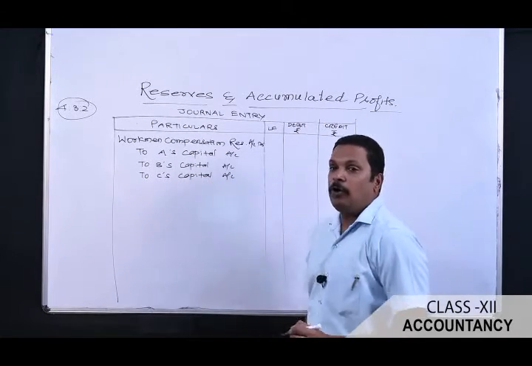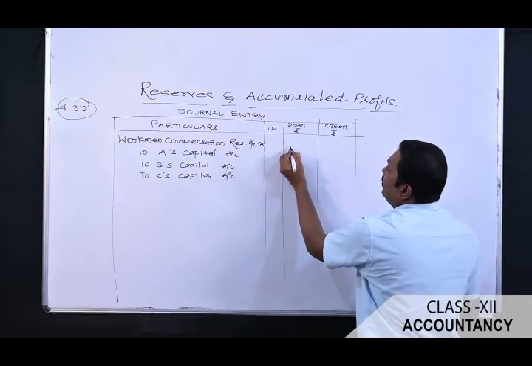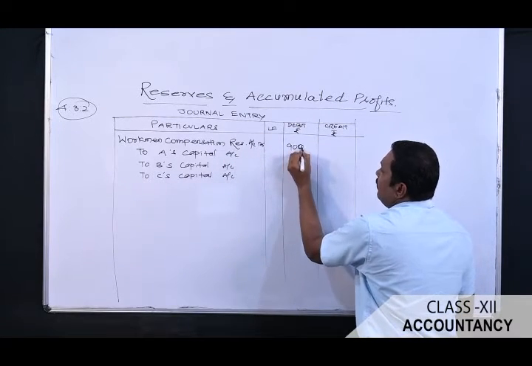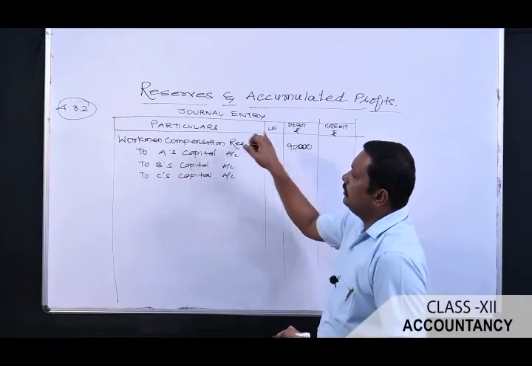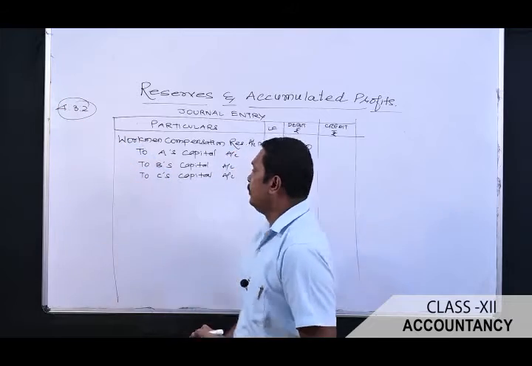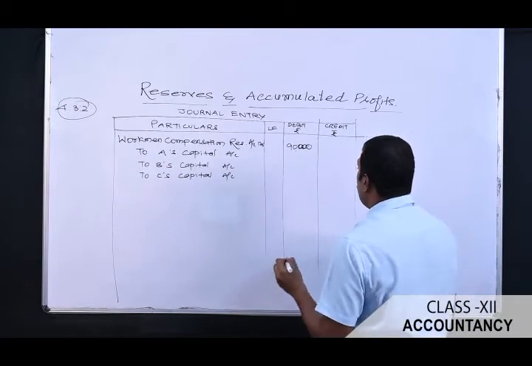How many partners are there in our question? There are 3 partners. Right? What is the amount of WCR on the liability side? The amount is 90,000. Now distribute the 90,000 in which ratio? In the old ratio. So distribute it, 90,000 into 4 by 9.